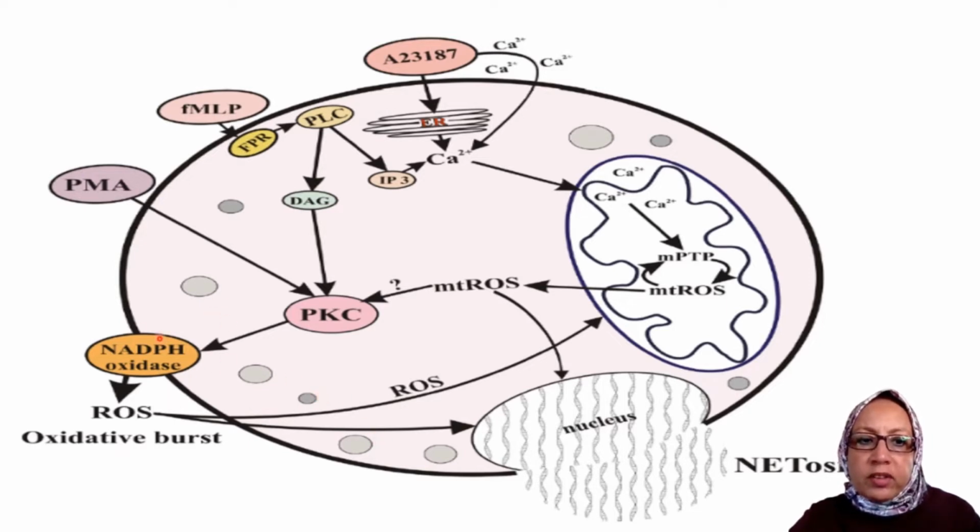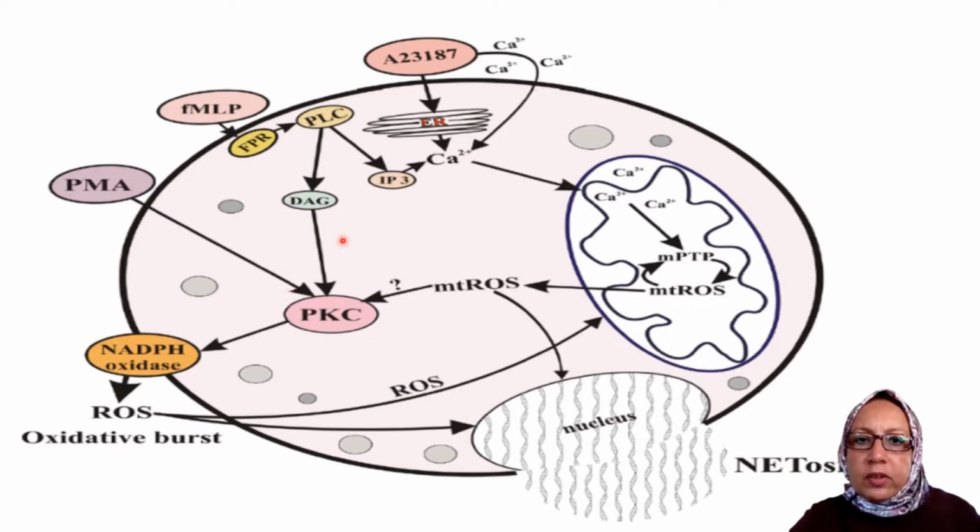How we activate this NADPH oxidase enzyme to generate reactive oxygen species is through protein kinase C, which will activate NADPH oxidase. And protein kinase C is activated in many ways, as we see in the diagram.